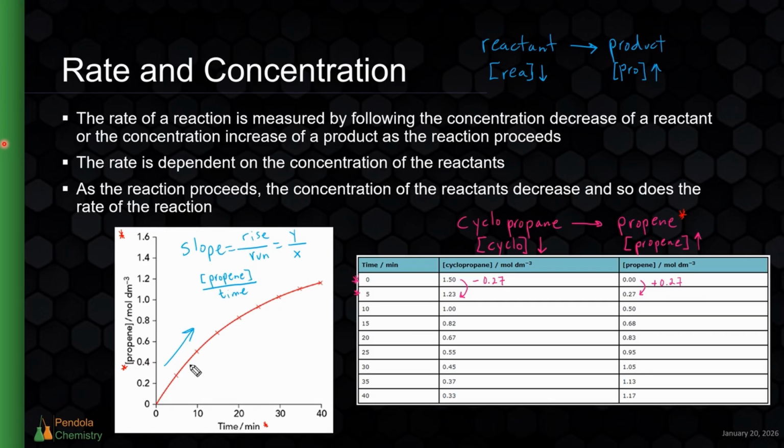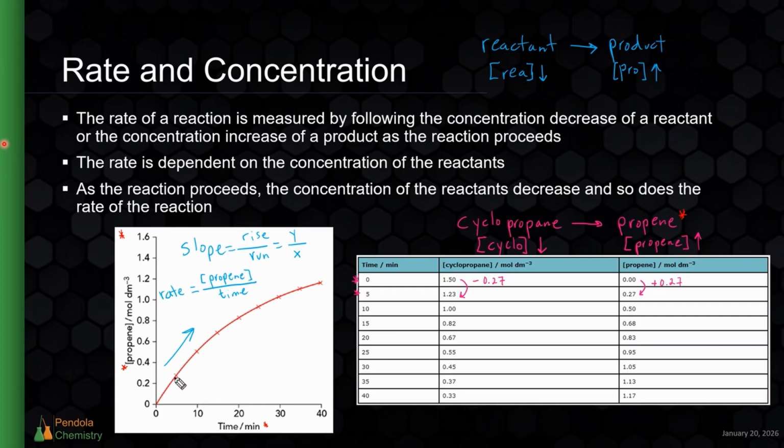So the slope of this line is concentration of propene over time, which is the rate of the reaction, because we just saw that rate is concentration of a chemical, either reactant or product, over time. That means the slope of a graph of concentration versus time is the rate of the reaction.